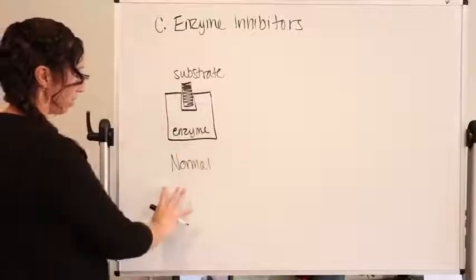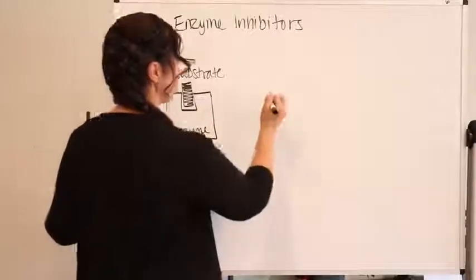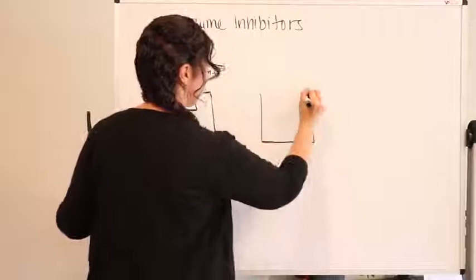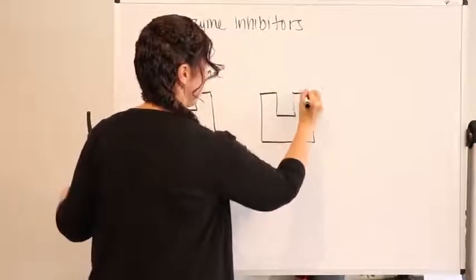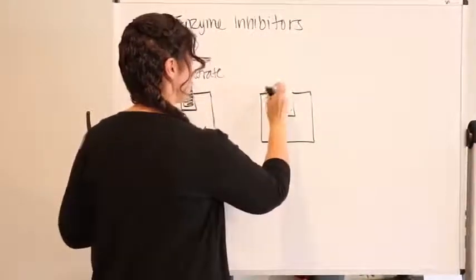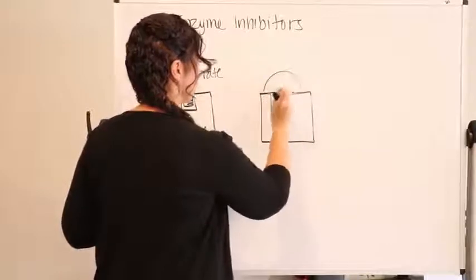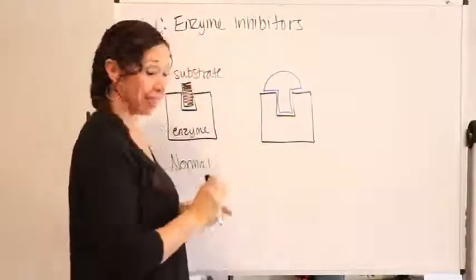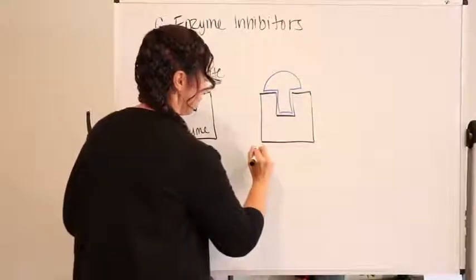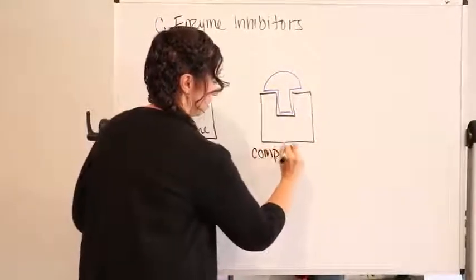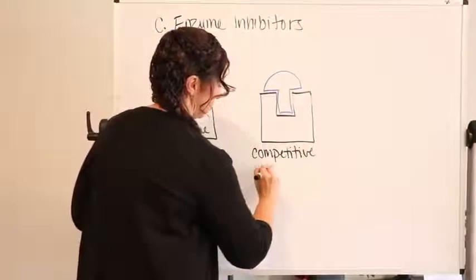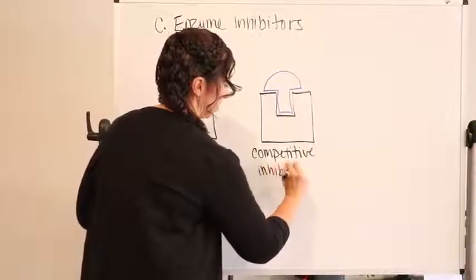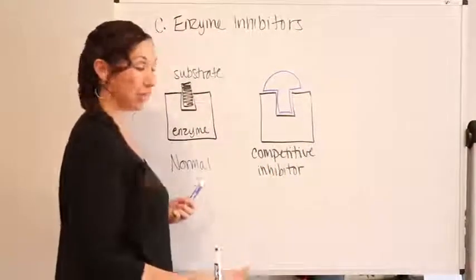So this would be the normal case scenario. There's two types of inhibitors you can make. One of them would look like this. Like that. This is called a competitive inhibitor, because it's actually competing for the active site.